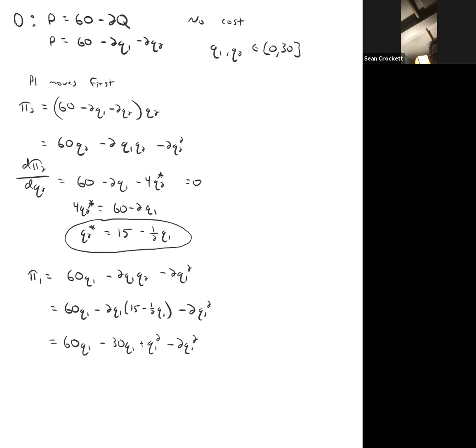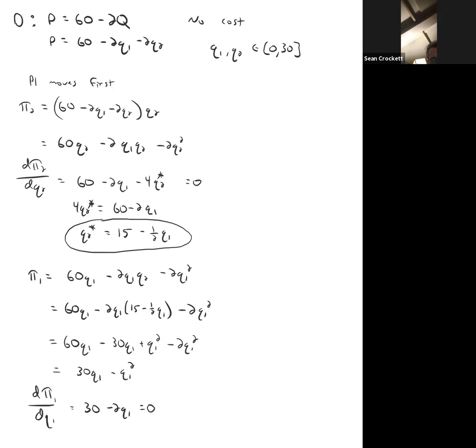And so it's going to equal 30 Q1 minus Q1 squared. Okay? And so we take the derivative of that with respect to Q1, which equals 30 minus 2Q1.